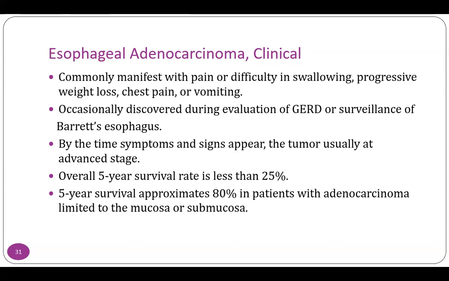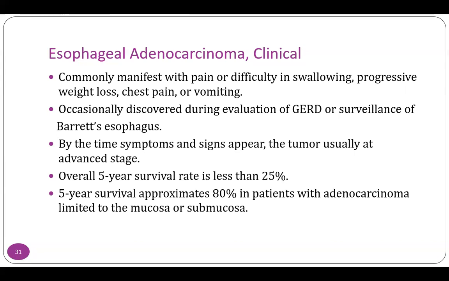Unless we discover the cancer in an early stage. So we follow up a patient with risk factors and we pick up the cancer in an early stage. This is the time we can say the 5-year survival is okay. It's indicated in the early stage. Believe me, it's extremely rare to pick up esophageal cancer in an early stage.